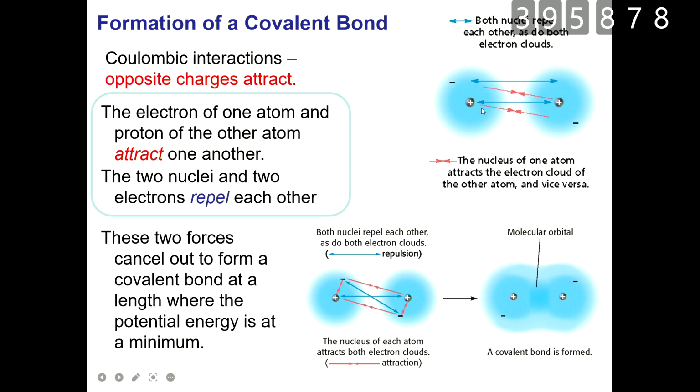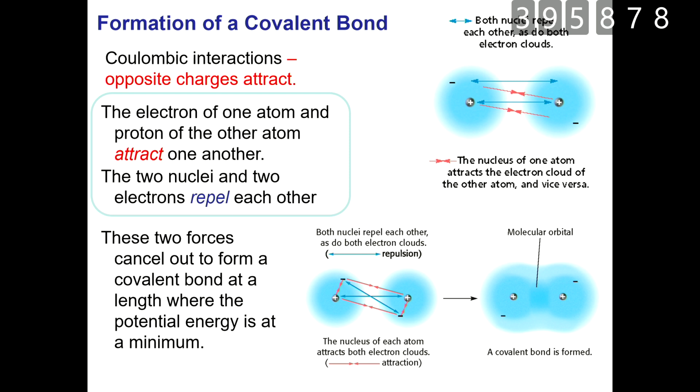And this nucleus also attracts the electron of this hydrogen. But the nuclei repel each other, and the two electrons also repel each other. So you can see between these two atoms, there are two kinds of forces.